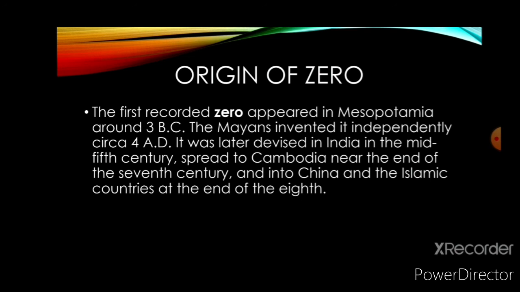It was later devised in India in the mid 5th century, spread to Cambodia near the end of the 7th century, and into China and Islamic countries at the end of the 8th century. The digit 0 was given by the mathematician Aryabhatta, but the operations were devised by the mathematician Brahmagupta around a century later.